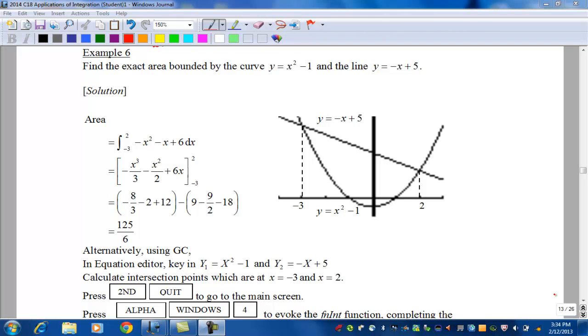So which area are we talking about? Essentially this particular area bounded by the two graphs. Take note that this is not what you have learned in O level, because this line is actually an oblique line.